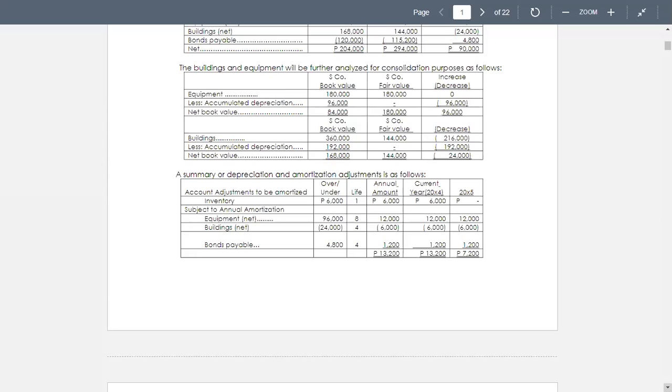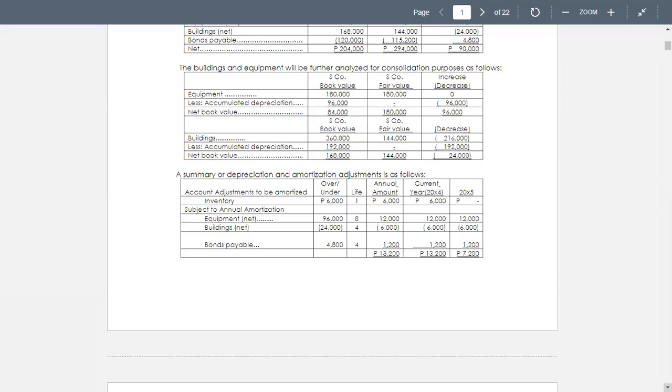With regards to the overvaluation in the inventory, it will be charged outright to cost of goods sold, since the goods or the inventory affected by this undervaluation was already sold during 20x4. So it will be an adjustment to cost of goods sold and reduce the inventory for the undervaluation.